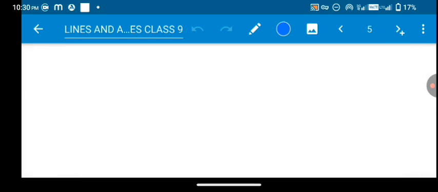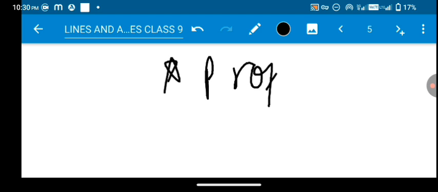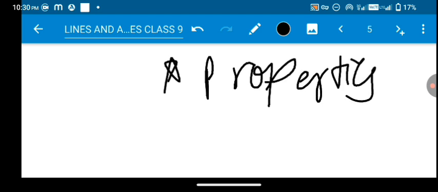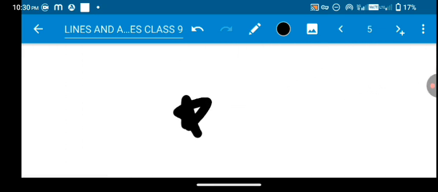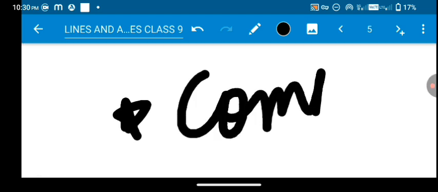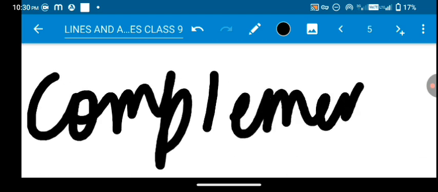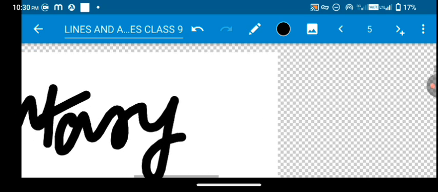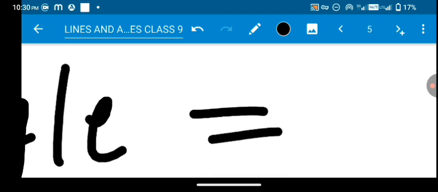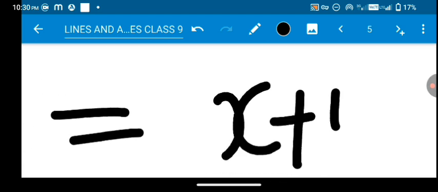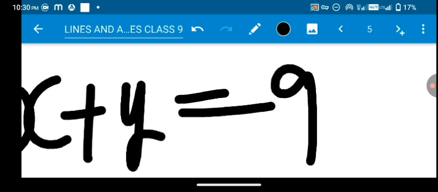After that, we will move to pairs of angles. Properties. Some of the properties you may know and some may not. First one is complementary angles: the sum of two angles is 90 degree.